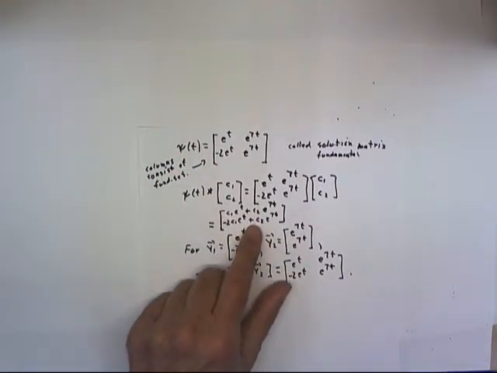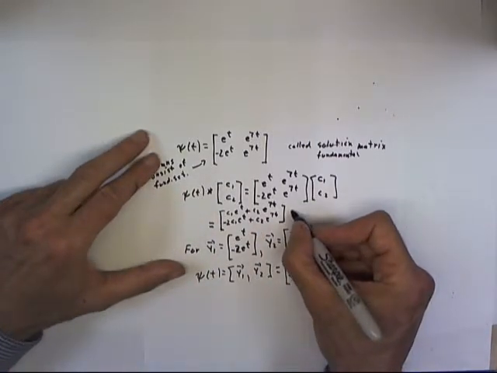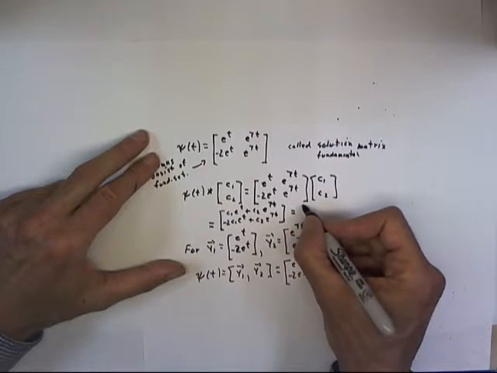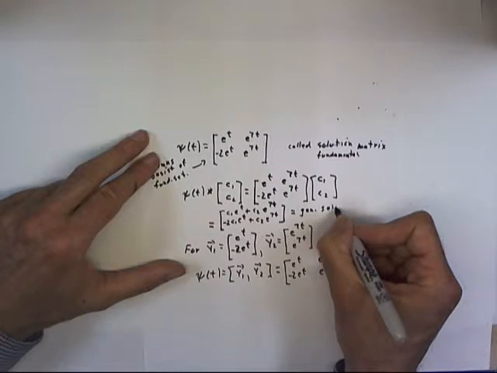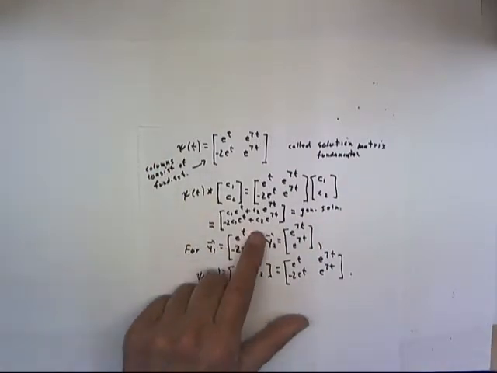I didn't leave myself enough room, so I had to write that way too small. And this is our general solution, which we've seen 2 or 3 times by now.